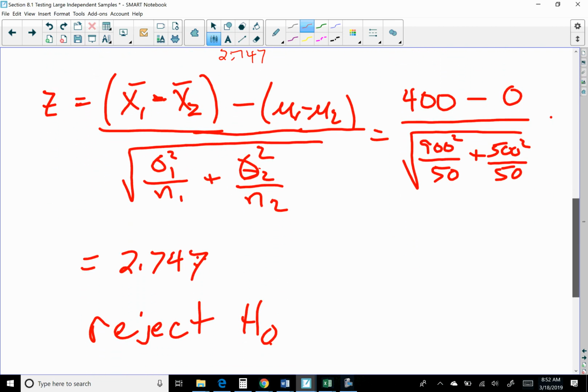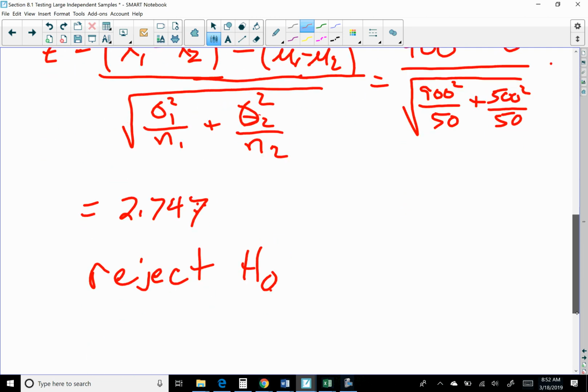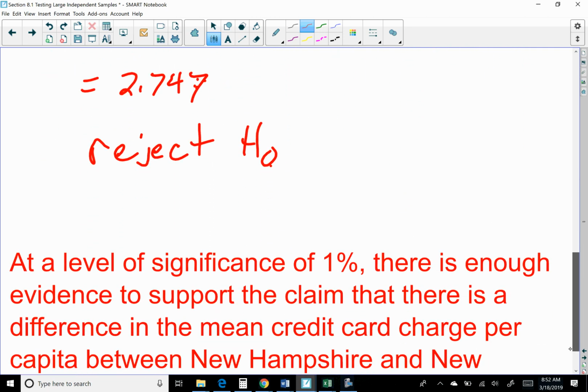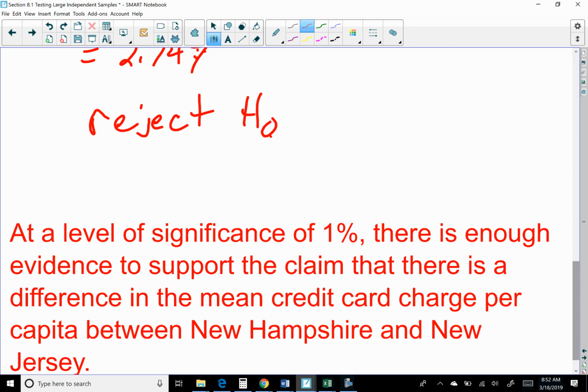So we're going to reject the null hypothesis. And since we're going to reject the null hypothesis, we would say at a level of significance of 1%, there's enough evidence to support the claim that there is a difference in the mean credit card charge per capita between New Hampshire and New Jersey.